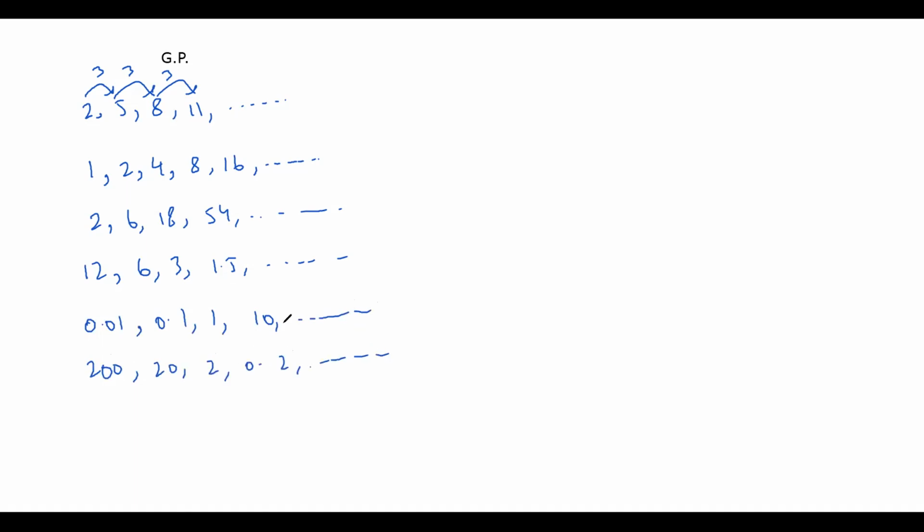So you see what is happening in all these sequences over here. What do you notice? They are being multiplied by a fixed number, which in a geometric progression is called a common ratio.